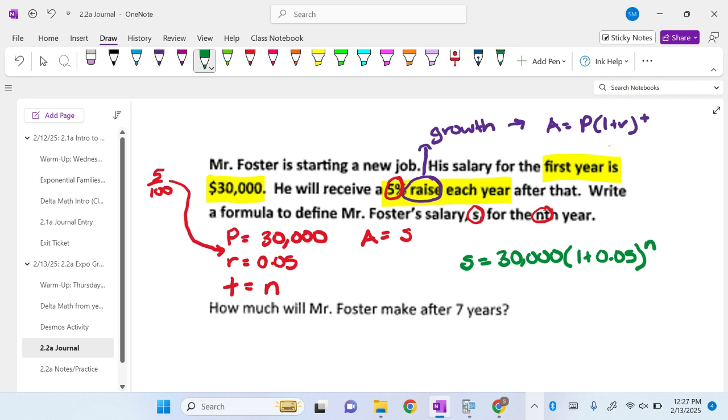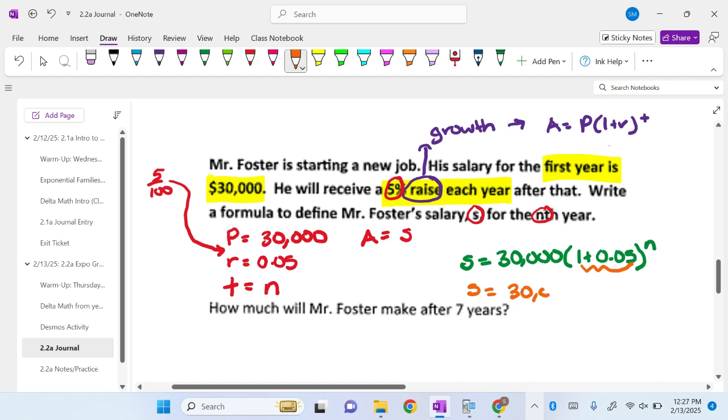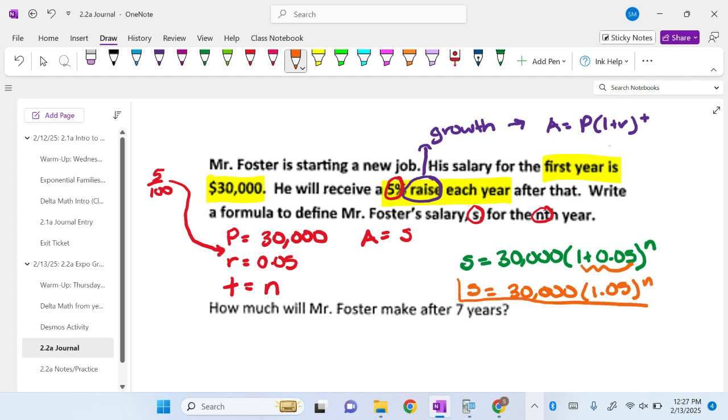Do I have an operation I can do somewhere in there? Landon. Right. Go ahead and just add the 1 and the 0.05. So this would actually be S is equal to 30,000 times 1.05 all raised to the n power. So that's the equation I get.